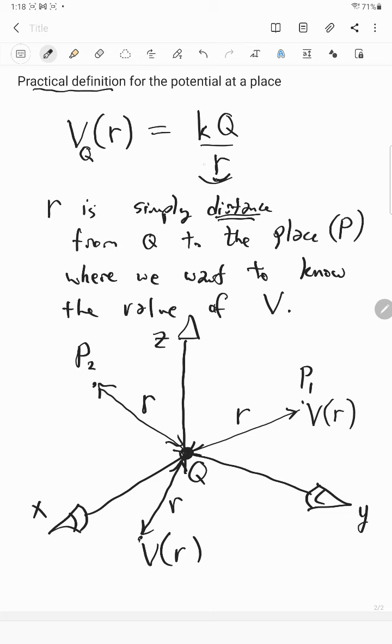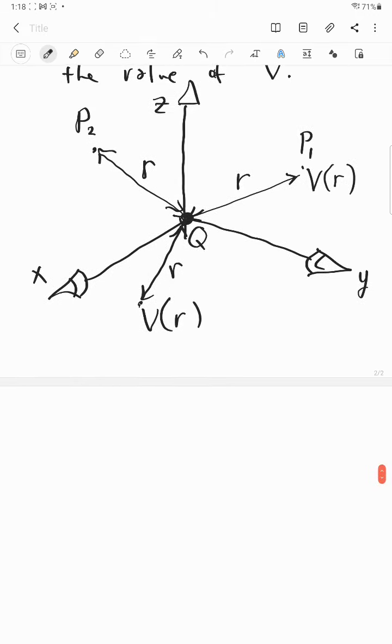And if you put in smaller values of R, that is, you're checking what is the value of the potential close to the charge Q, then you're dividing by small numbers and you'll get a big value for the potential. Okay, so if we have this definition, it's equal to kQ over R, you know that the R value can be understood by coordinates this way.